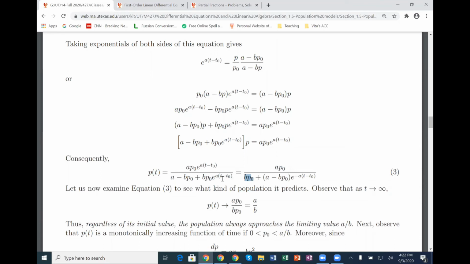But then be careful. If we divide this by the E term, it's equivalent to this times this. But instead of A times t minus t0, we have negative A times t minus t0. I understand now. Thank you. Sure. Other questions?